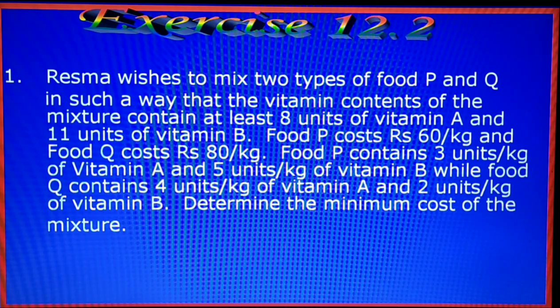Food P contains 3 units per kg of vitamin A and 5 units per kg of vitamin B, while food Q contains 4 units per kg of vitamin A and 2 units per kg of vitamin B. Determine the minimum cost of the mixture.